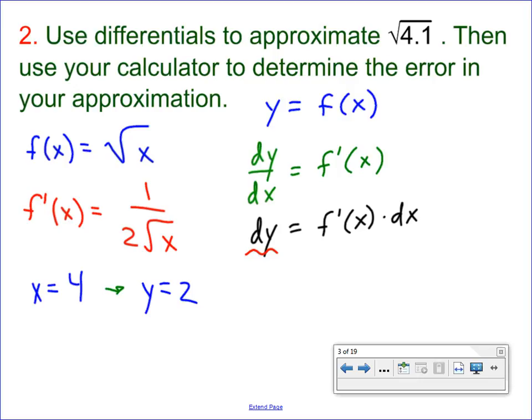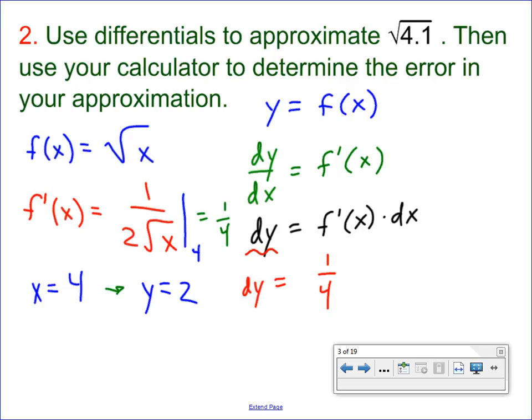So what are we going to do? We're going to approximate dy. My change in y is going to be given by my instantaneous rate of change at my known point. That's 1 over 2 root 4, root 4 is 2, 2 times 2 is 4, so 1/4.